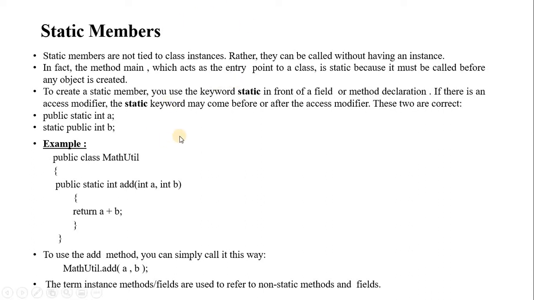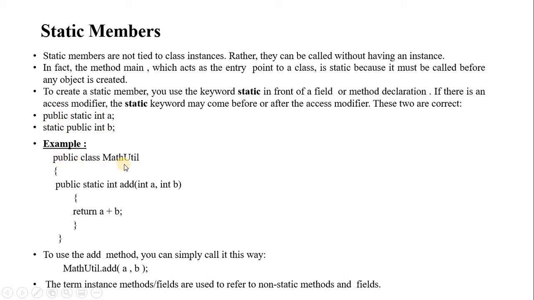So you need not create an object to call static methods. We can use static for any variable as well as for a method. For example, to declare a variable, we can say public static integer a. So this is a static variable. You can use static after the modifier or before the modifier. Both are acceptable.